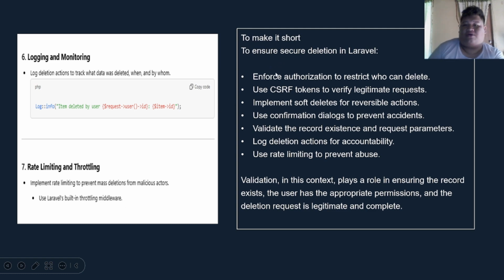To make it short, to ensure secure deletion in Laravel, enforce authorization to restrict who can delete, use CSRF tokens to verify legitimate requests, implement soft delete for reversible actions, use confirmation dialogues to prevent accidents, validate the record existence and request parameters, log deletion actions for accountability, and use rate limiting to prevent abuse.